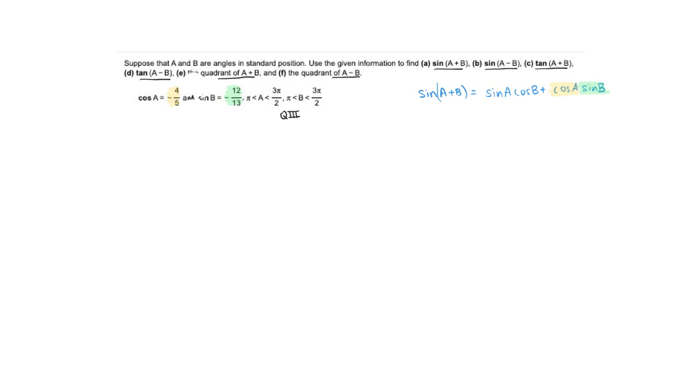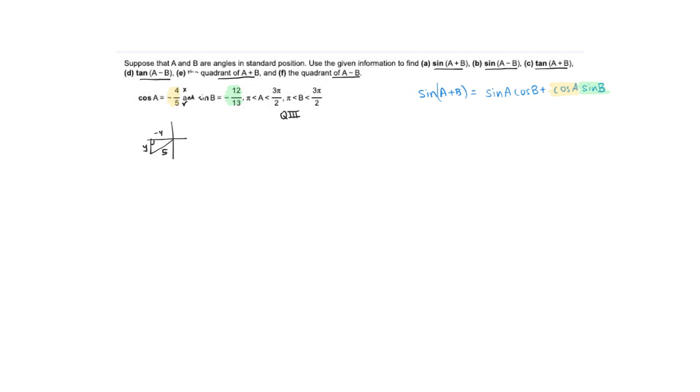So let's see, cosine is x over r. Okay, and we're in quadrant 3, so x is negative 4. Let's see, a little right triangle here. X is negative 4. We need to know y. And we know that the radius is 5.